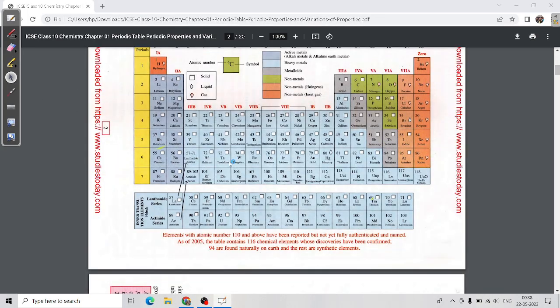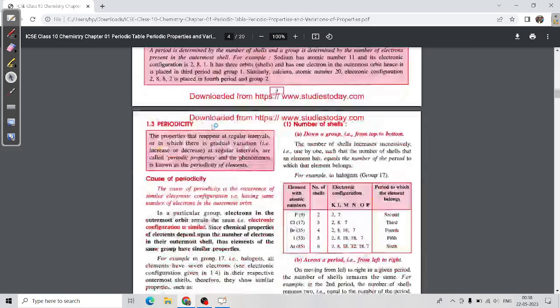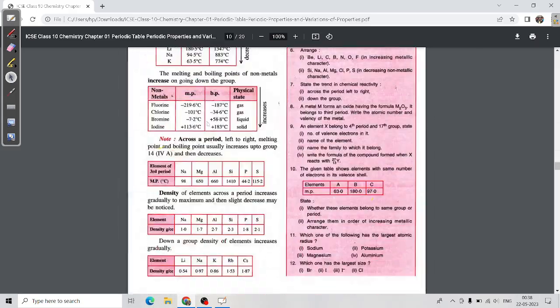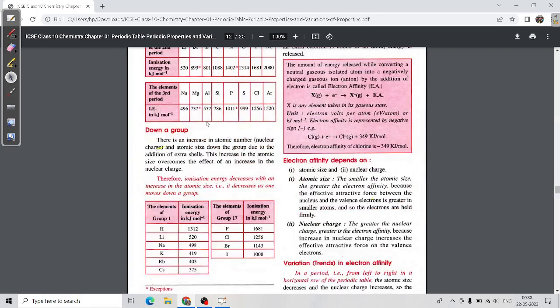See here. Now let's get back to the ionization energy trend.